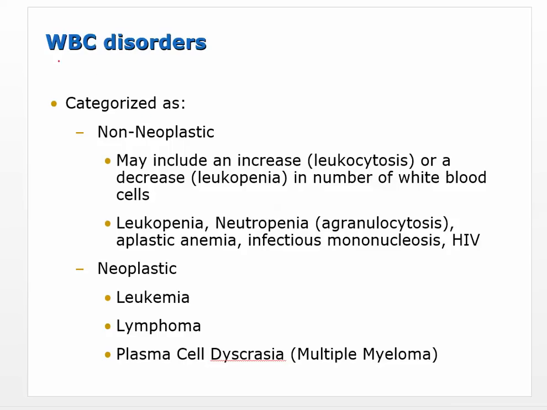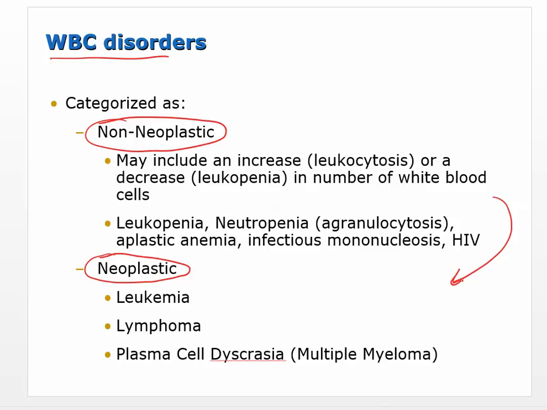Okay, so white blood cell disorders, we can characterize these as non-neoplastic, which means not cancerous, and neoplastic, which we generally consider being cancerous. Non-neoplastic could include an increase, although normally when you have an increase, you're talking about a cancer. Or a decrease, and we're going to talk about some of the decreases.